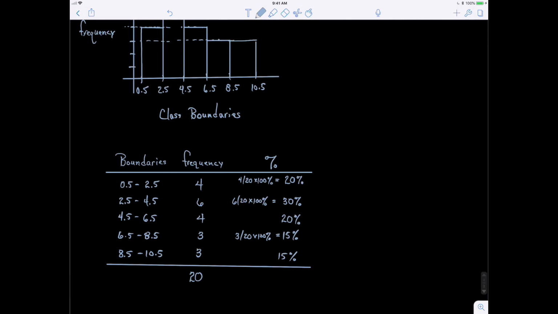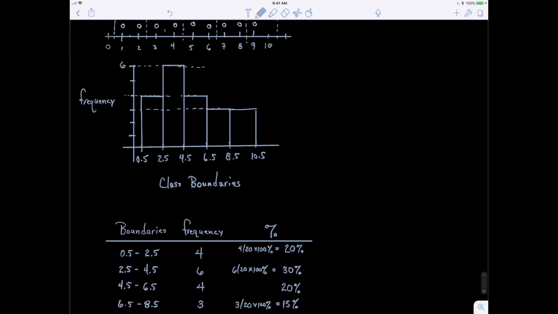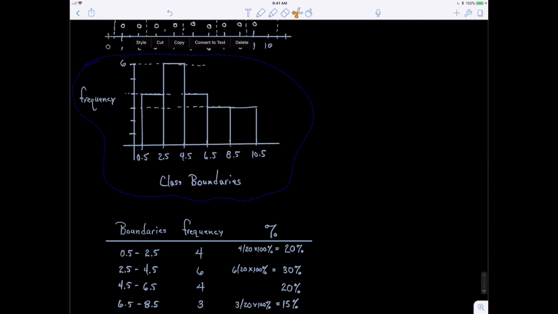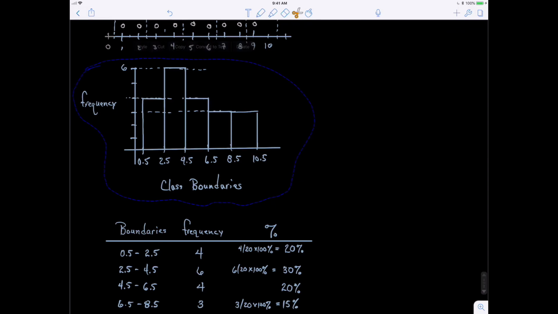Now, at this point, what we want to do is take a look at what we can do with this data. There's quite a few things. I'm going to grab my picture here. I'm going to need my picture here. Copy. Just going to put it back. Copy that.